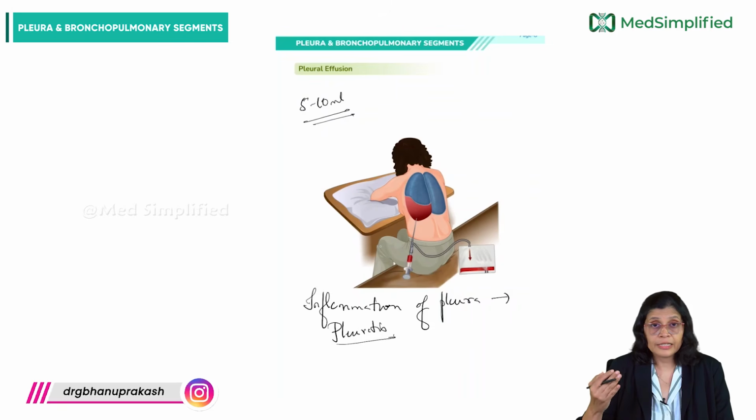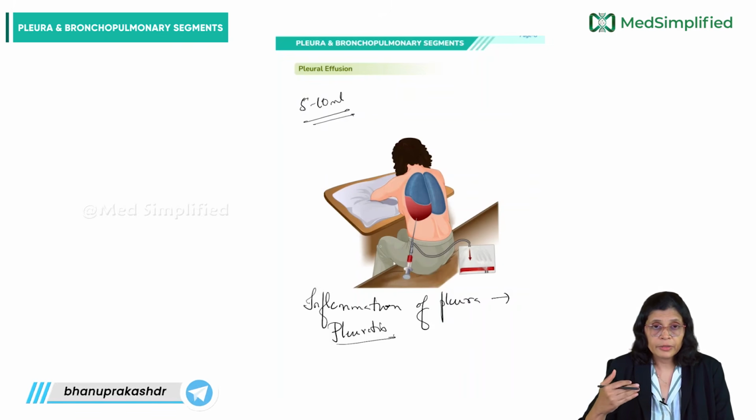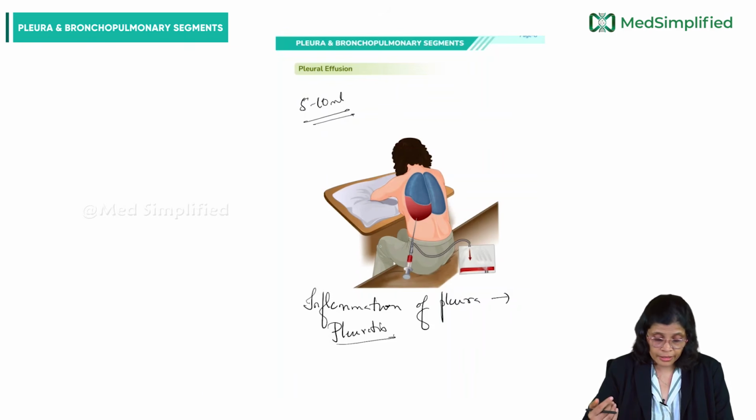And if there is a large amount causing collapse of the lung, not allowing the lung to expand, and breathing difficulty, then we put in an ICD drain so that the collection is drained, the lung can expand and breathing improves.